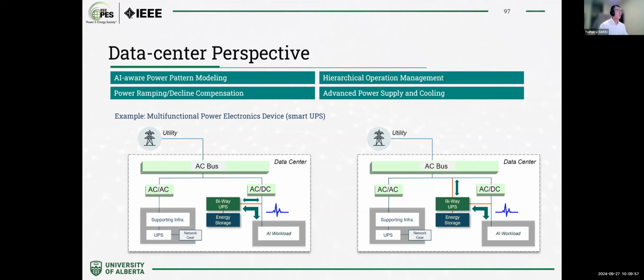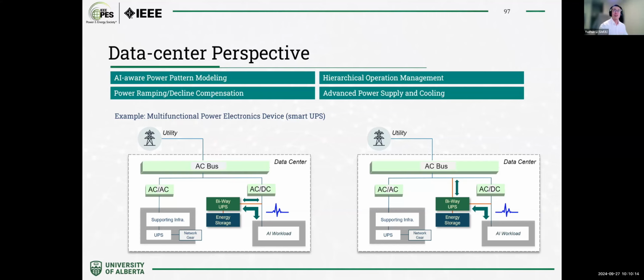We also want to focus on advanced power supply and cooling to give really good support for the AI load. And also a very unique thing is how to compensate the power ramping and decline.